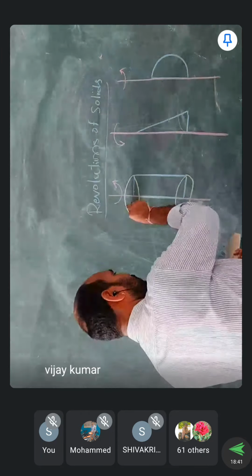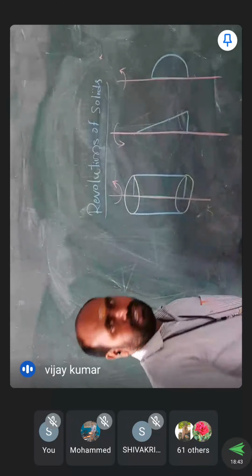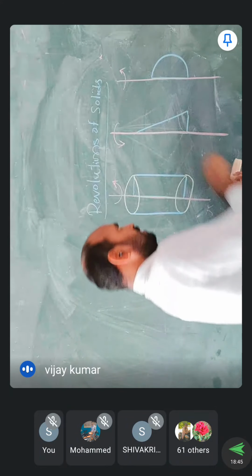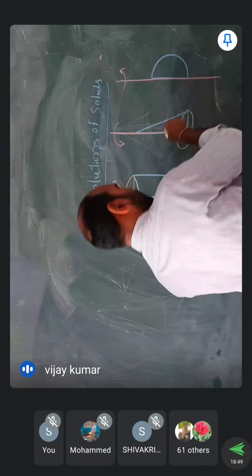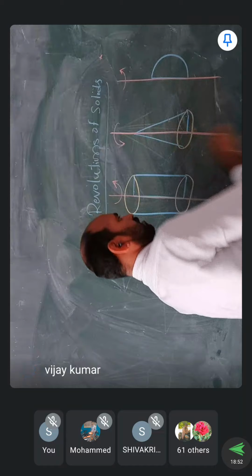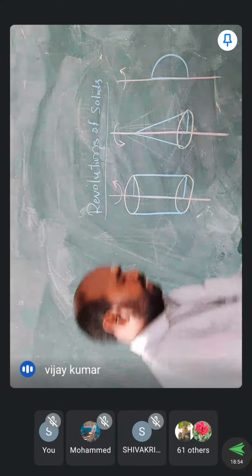The thread is like a center, and this one is also moving like this. This edge is also moving like this, and finally this one is also moving along with this one. Right?